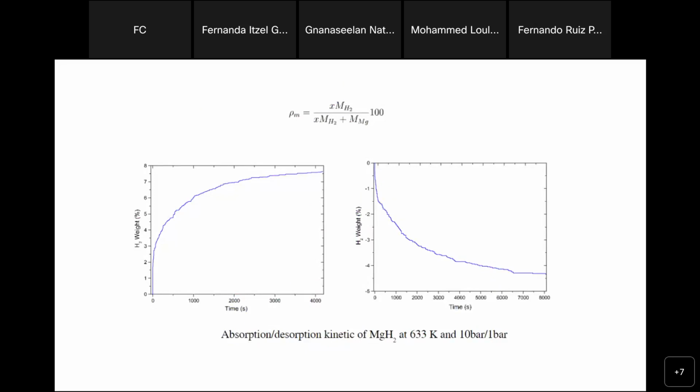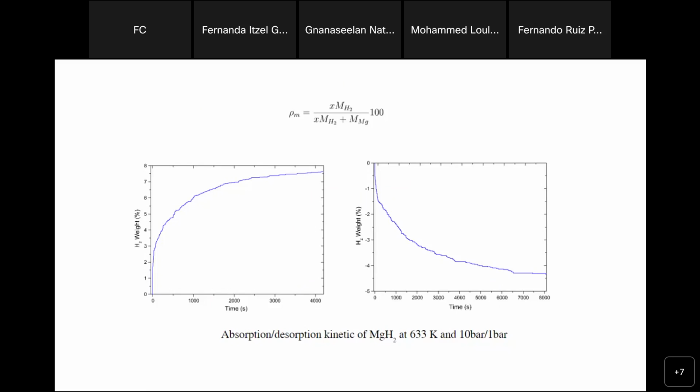To study the kinetics of the magnesium hydride, we study the variation of the gravimetric capacity of the system as a function of time, and the gravimetric capacity is given by this formula, where X is the ratio of the hydrogen.